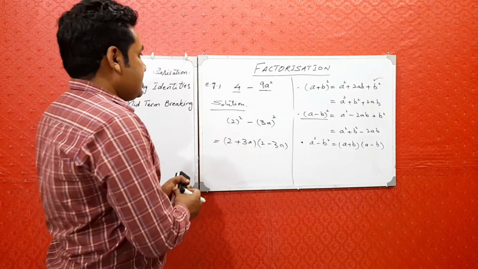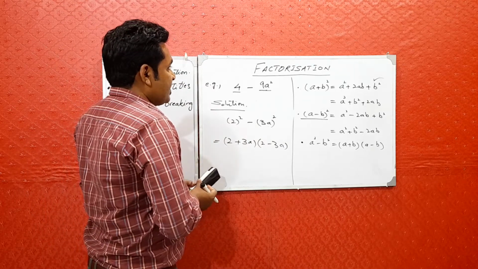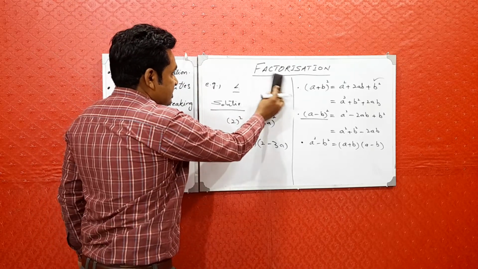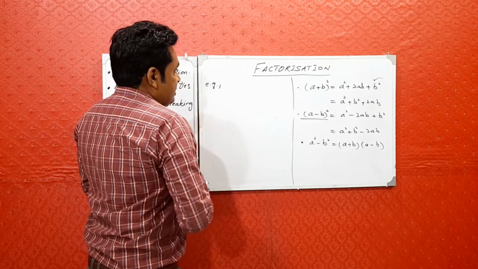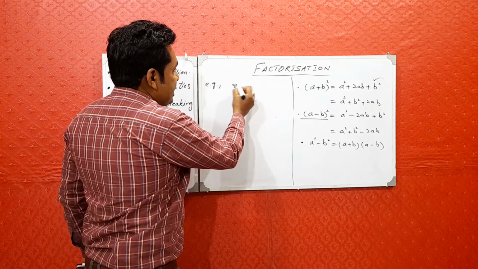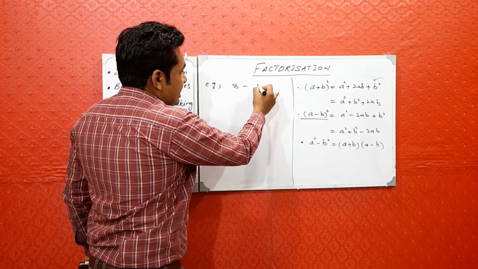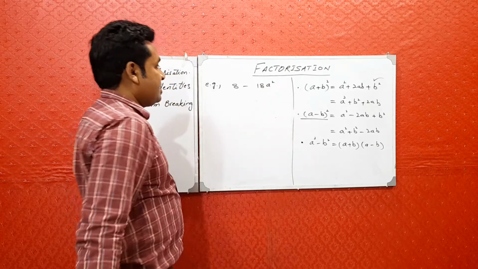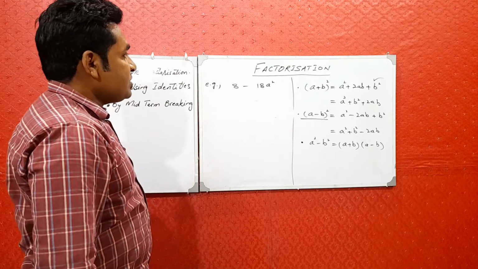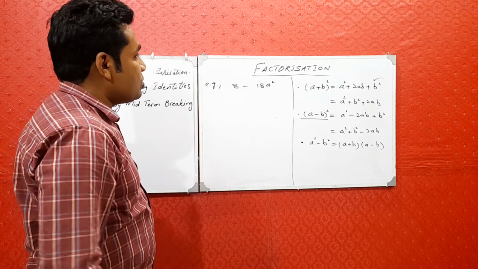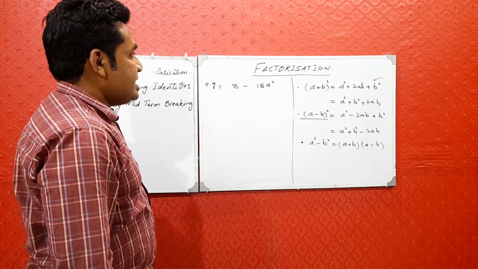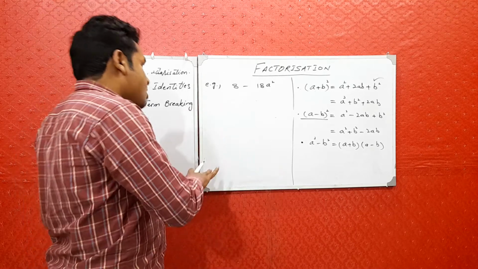In the same way, suppose we have a question, for example 8 minus 18a squared. Now you can see that in this question there is no perfect square, but you can take 2 common.